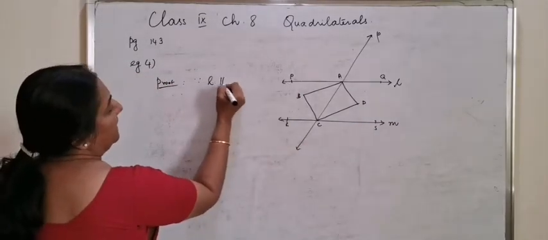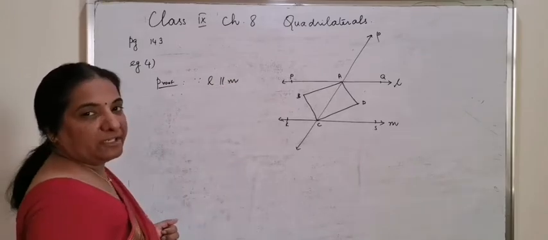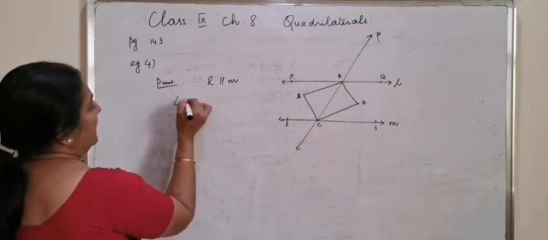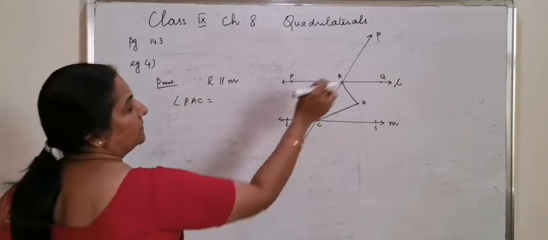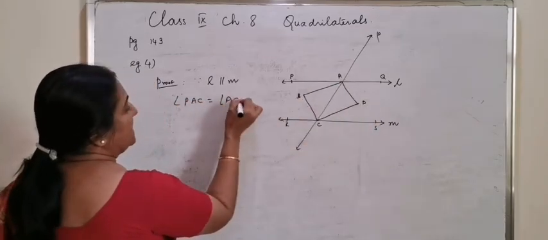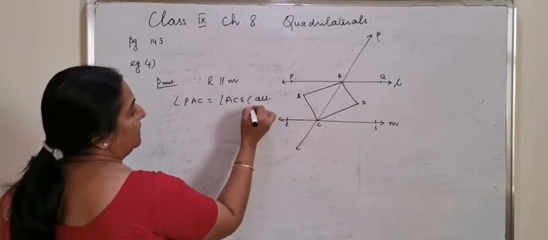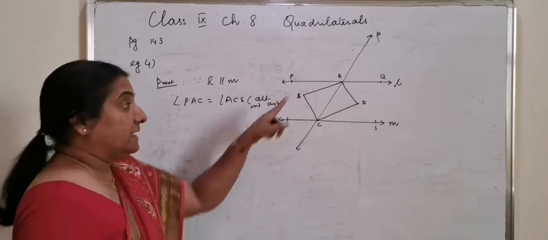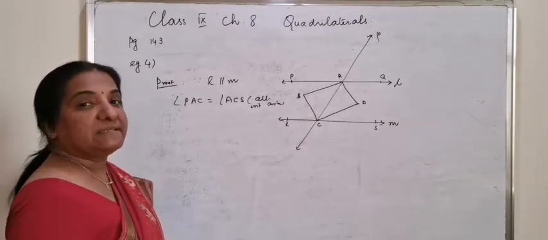Since L is parallel to M, take a pair of alternate interior angles, PAC and ACS. Angle PAC is equal to angle ACS, one pair of alternate interior angles. It's given that AB and CD are the bisectors.